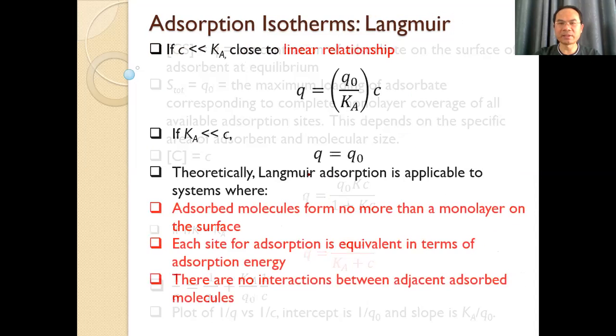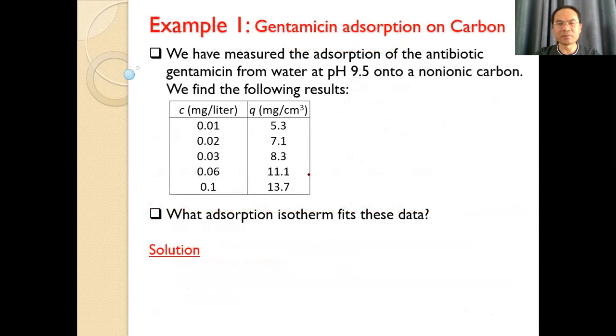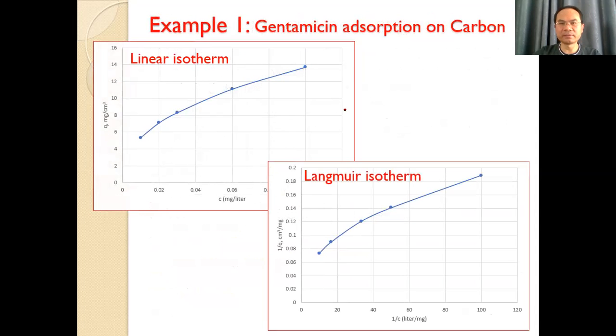For this example, we can do it like this. We plot first between Q and C. This is not linear. If you get a linear relationship, you can conclude a linear isotherm, but there is no linear isotherm. And the second one, you plot 1 over Q and 1 over C. It's not linear either, so it's not a Langmuir isotherm.